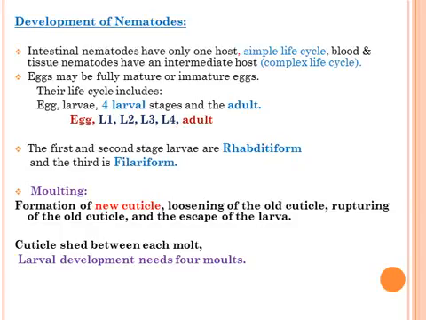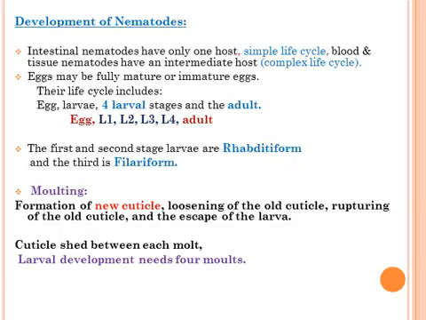About the growth or development in the nematode, between each two larva stages, larva 1 for example to larva 2, there is a molt. Between larva 2 and larva 3 there is a second molt. Between larva 3 and larva 4, a third molt, and the last molt is between larva 4 and the adult. Molting is the formation of a new cuticle, losing of the old cuticle, rupturing of the old cuticle, and the escape of the larva.